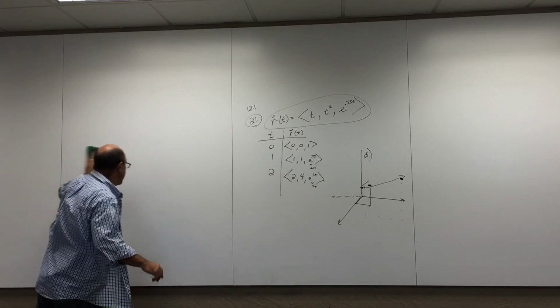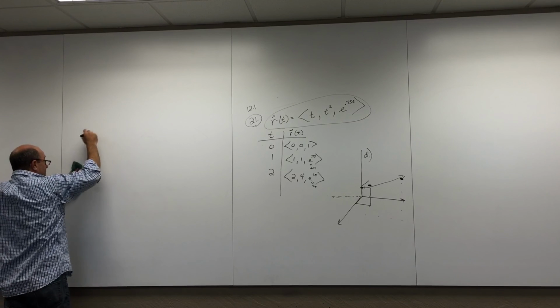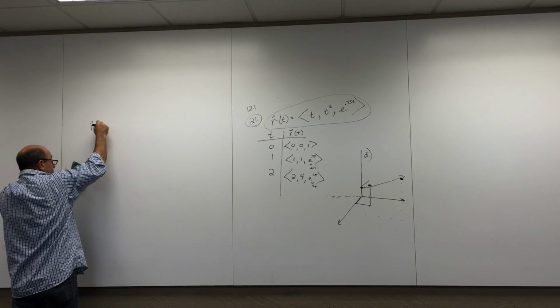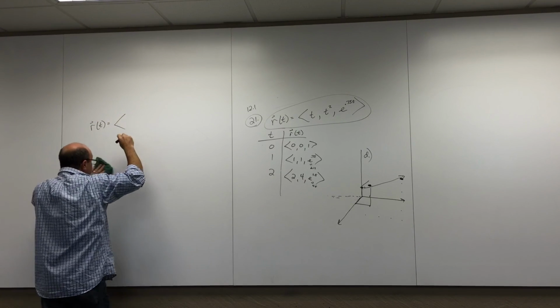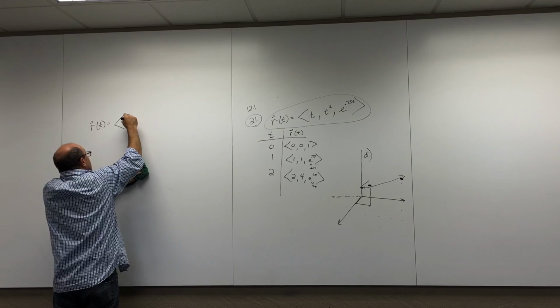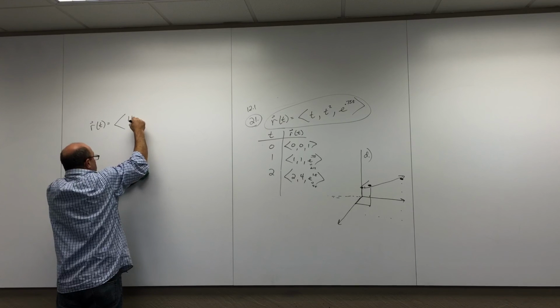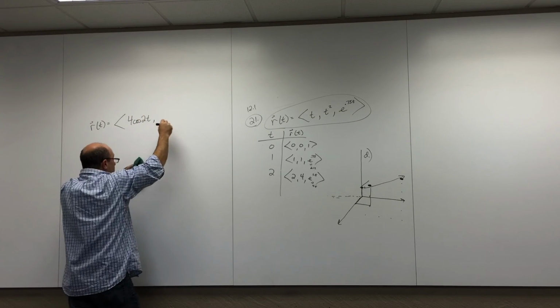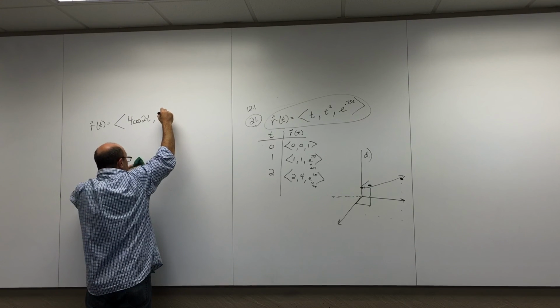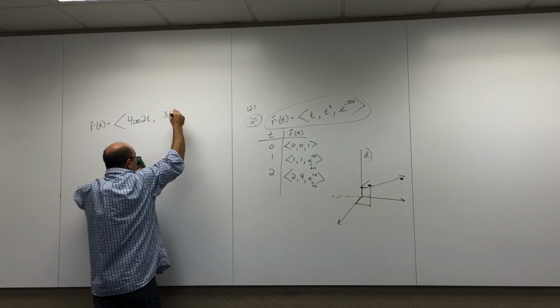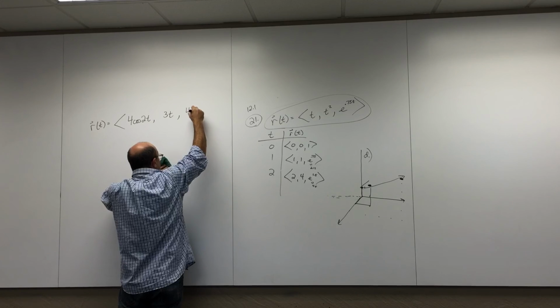Let's do one that I might really ask you to sketch. How about 4 cosine 2t, comma, 3t, comma, 4 sine 2t.